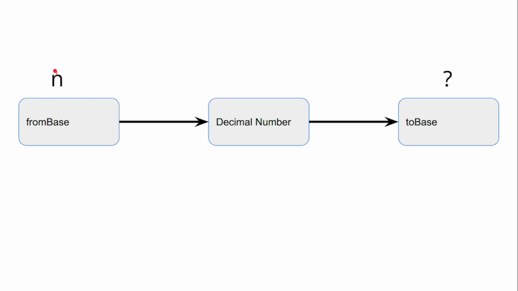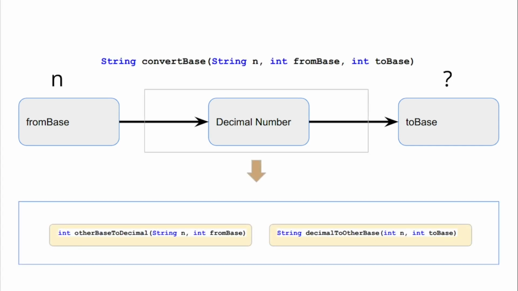That is, we'll first convert the number n into decimal, and then from decimal we'll convert it into the target base. We have already seen how we'll make this transformation and this transformation. Here we'll multiply by the powers of the base, and here we'll divide by the required base. This is how we'll break the problem into different methods to simplify development as well as understanding.